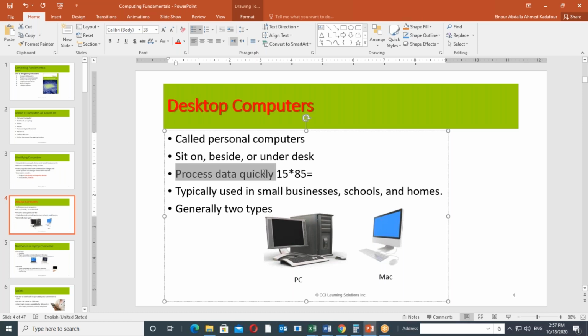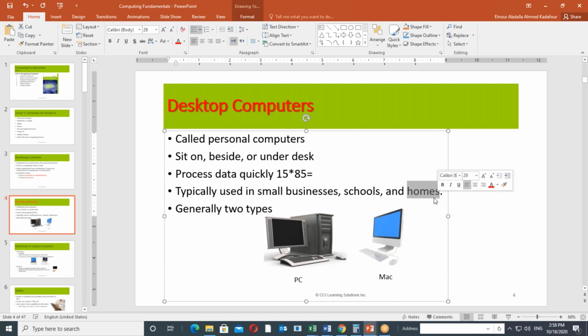If I'm completing this task, I will get the answer as fast as possible using a suitable application. Such computers are used in companies for business, for example banks, within schools or universities, or you are using one right now in your home.